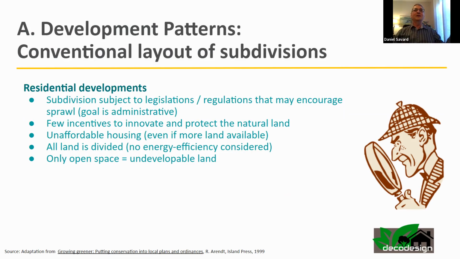Very often, the goal is administrative, with organizations or with communities. There are very few incentives to innovate and protect the natural land. You see unaffordable housing very often. Even if you have more land available, it doesn't mean it's going to be more affordable in your community, as research has shown.